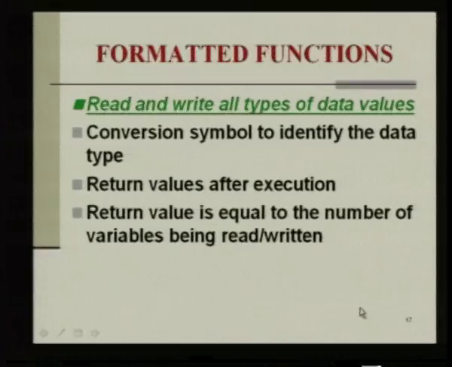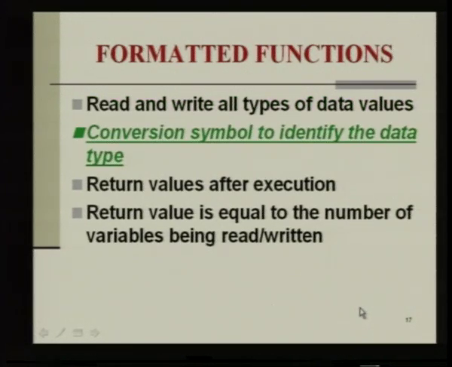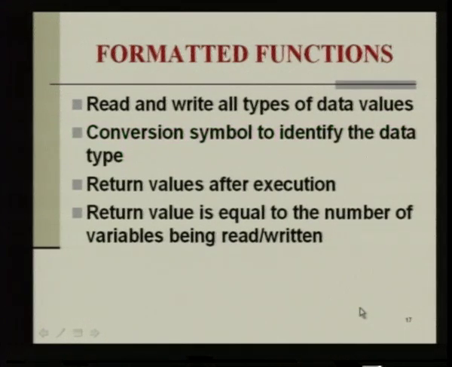As I said, they can read and write all types of data values. A conversion symbol is needed to identify the data type. Just as we have a format specifier for integers, similarly we have this conversion symbol when we come to the IO functions. These formatted functions return values after execution.